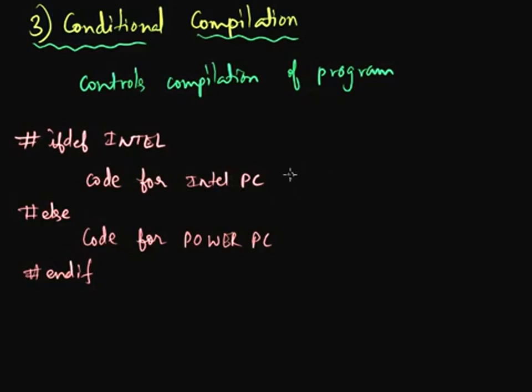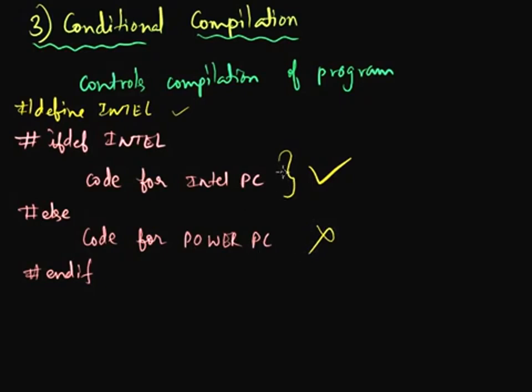If you want to compile your program for the Intel computer, you just define Intel. Now when the preprocessor sees that Intel is defined, so our condition is #ifdef Intel. This is true, Intel is defined, so this code will be executed and this will not be executed. By execution I mean this will be compiled. This code will not be compiled.